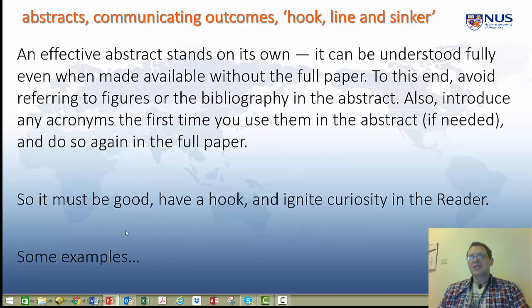So bearing in mind, it's what we did and why we did it, and then what we found, it's in the past tense. And it's got to be good. You have to hook your reader, you have to ignite their curiosity. So let's look at a couple of examples.